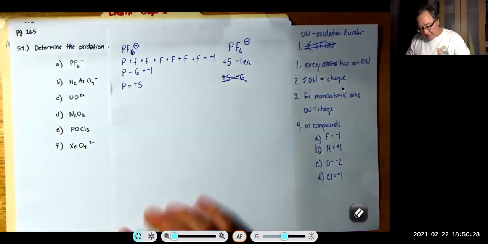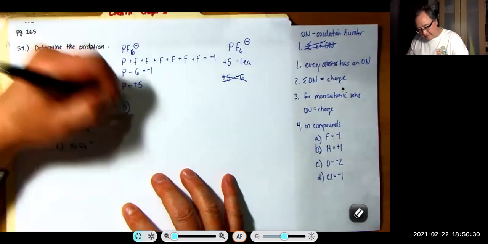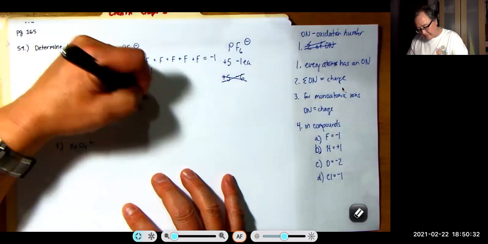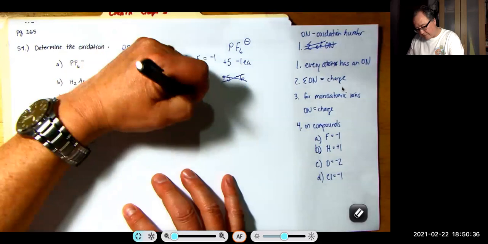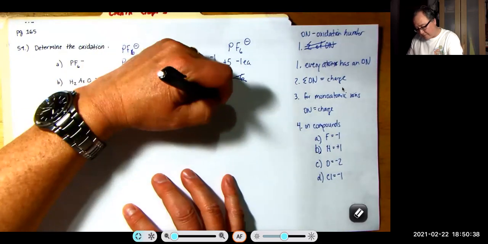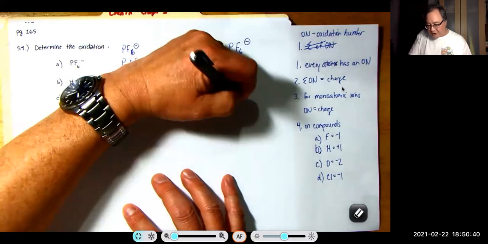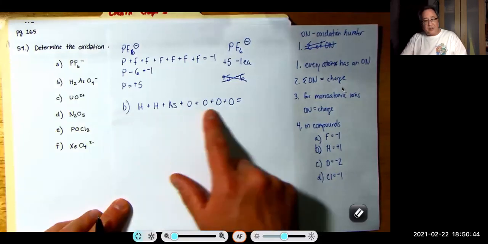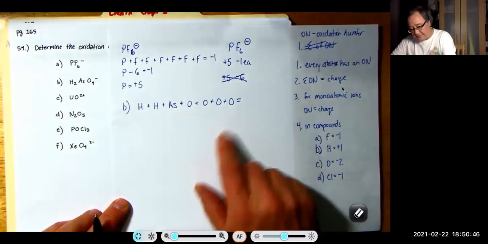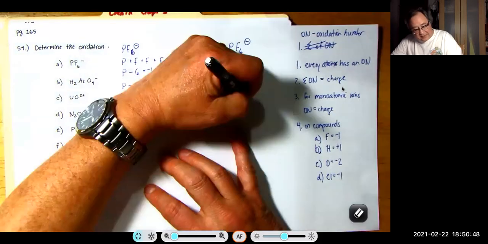Okay, let's apply this to B. Two hydrogens, 1 arsenic, and 4 oxygens. The total has to equal -1.